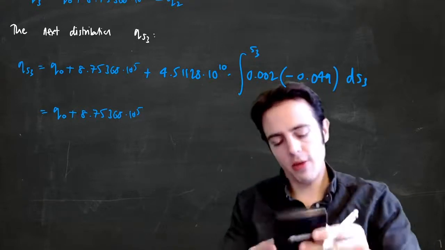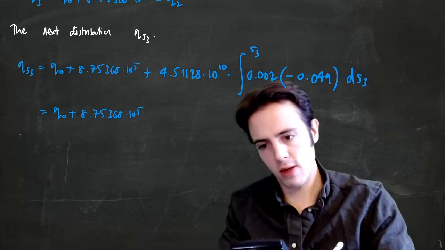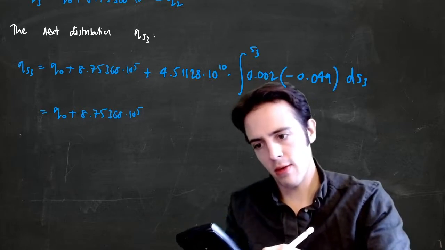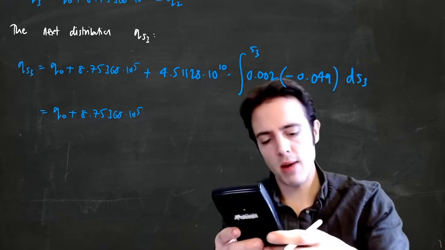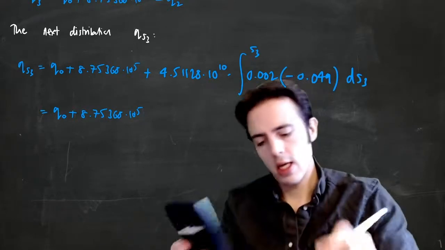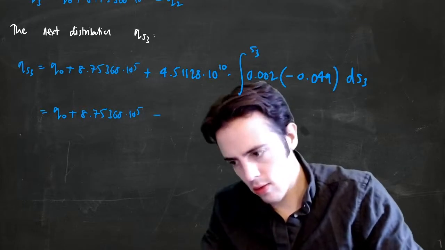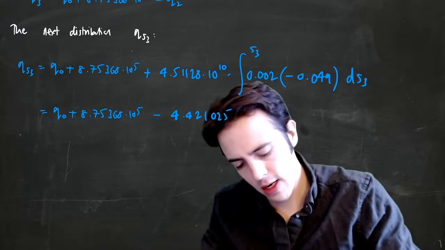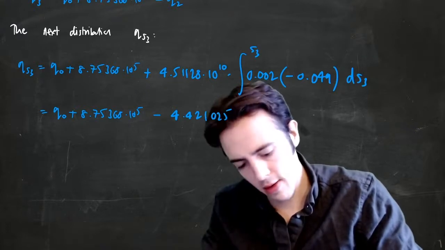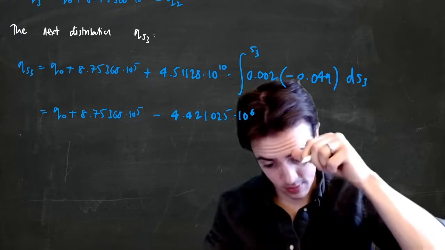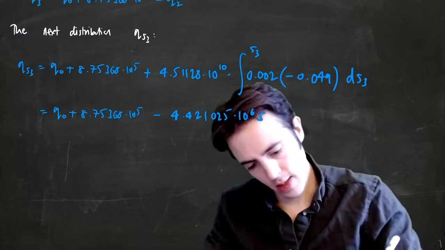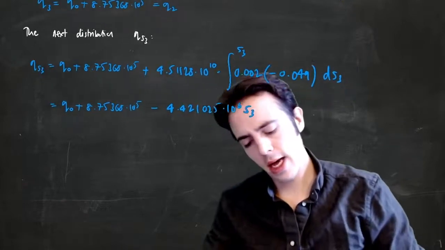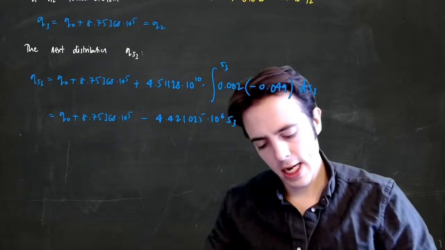So let's multiply these numbers together. 4.51128 with 10 zeros, multiplied by 0.002, multiplied by minus 0.049, gives me minus 4.4211025 times 10 to the 6 S3. Okay, so that's QS3. That's a linear distribution.